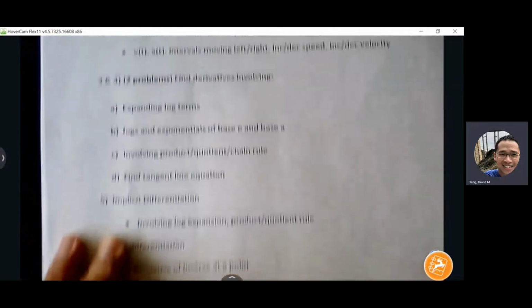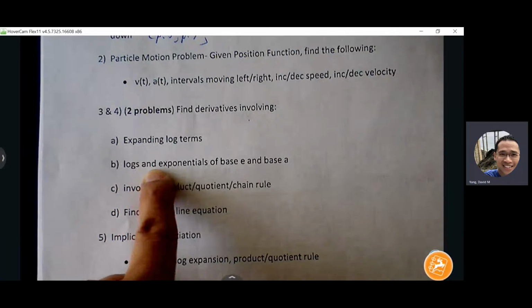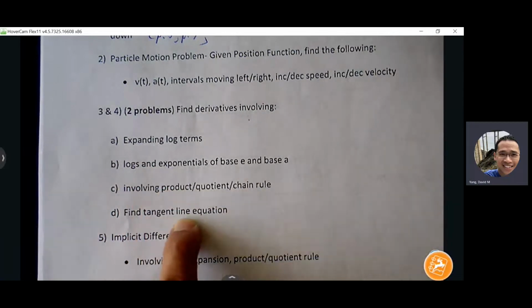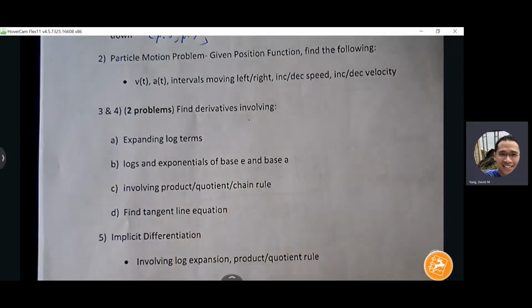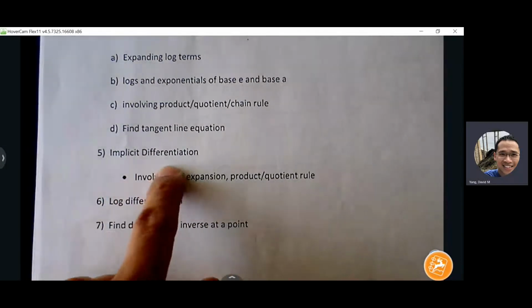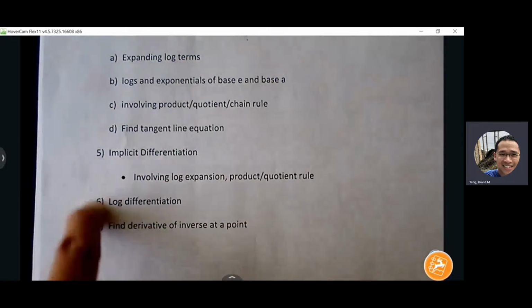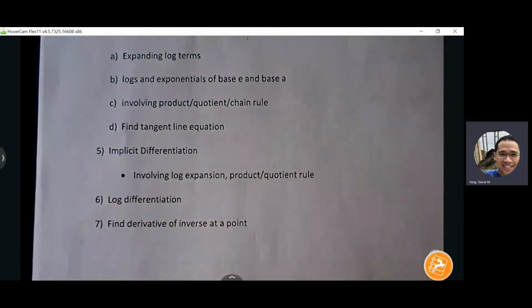I handed back your quizzes. Being able to expand logs and exponentials, and using product and quotient rule, hopefully you feel comfortable with those. Implicit differentiation, log differentiation, derivative of an inverse at a point. I want to go through these again and make sure you're good with those. But just go through your packet.